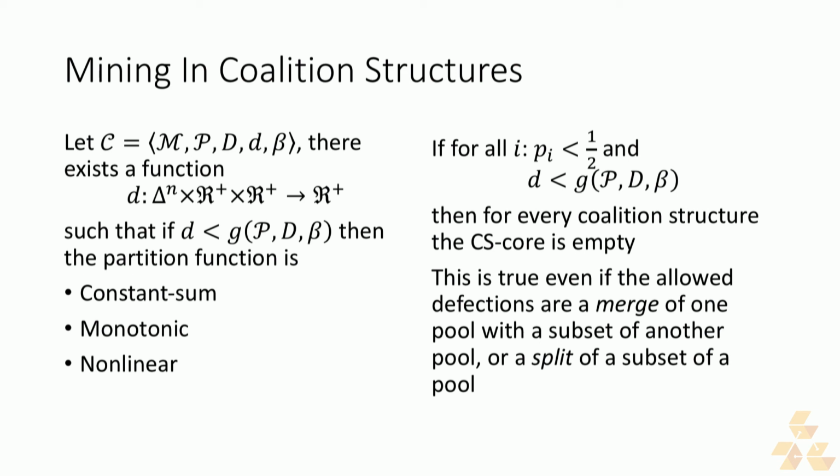So if we don't have too big of a player, if we don't have a player that controls more than 50% of the hashing power, it means that for every coalition structure, the CS core is empty. It means that any way that we think about to divide the reward of the pools, there is always going to be some subset of miners, some subset of players, who say, we are better off leaving our team and forming a new team.